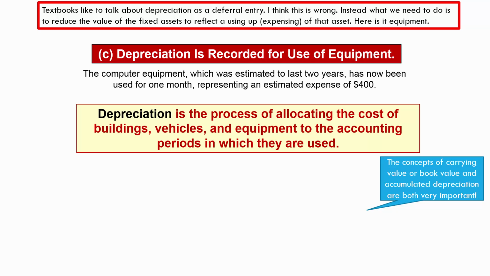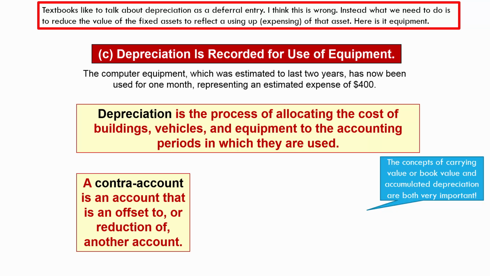So we're going to try to take the cost of our buildings, vehicles, and equipment and make it show up in the financial statement. And while we are doing that, we are expensing off the asset, or reducing the asset as it shows up on our financial statements. So expensing off an asset.